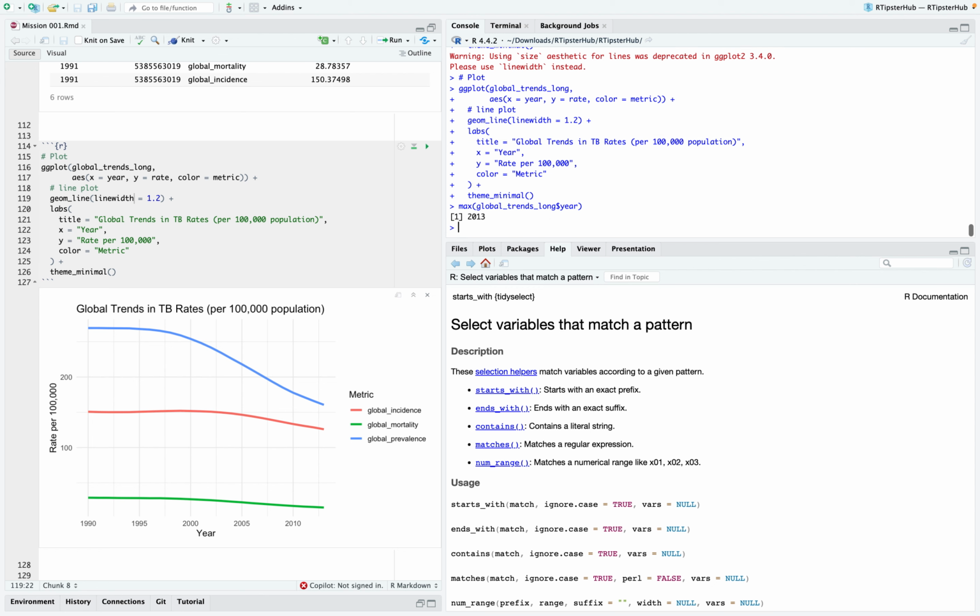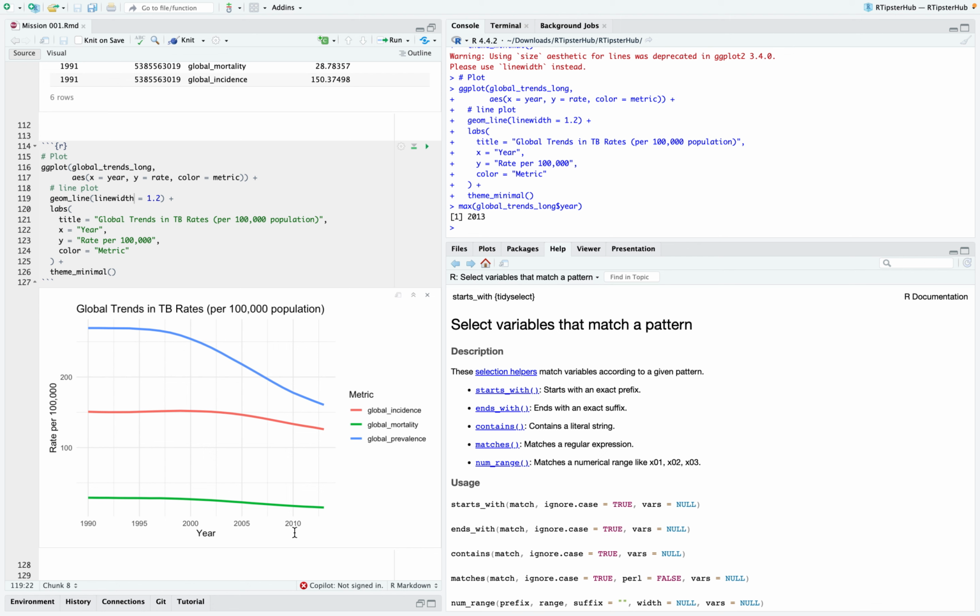So here, it's up to 2013. It's not really recent data, that's like 11 years ago. But just for purposes of understanding this, yeah. Global mortality also plateaus, but we see a drop from 2005 to 2010.